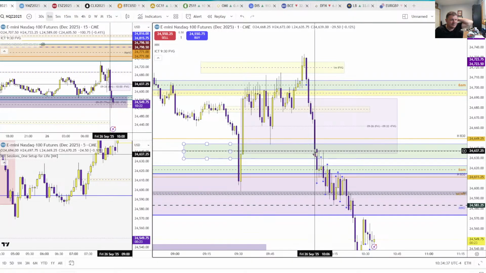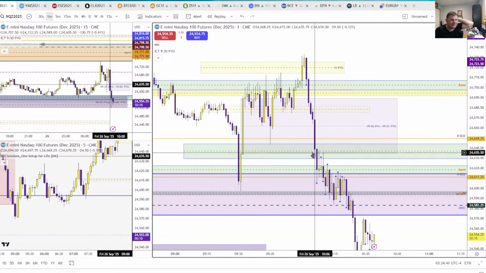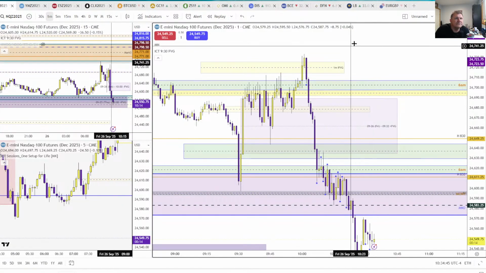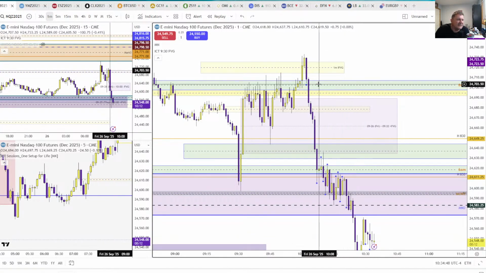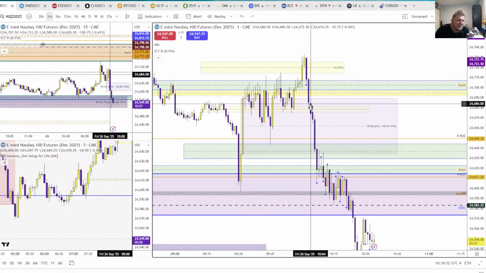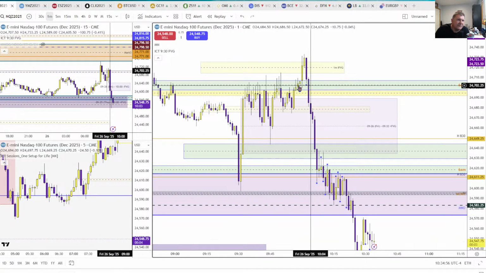Hit the box, wait for it to trade through the box, then go short from there. So there's your next entry. Does that make sense, Ollie? That's not a SIBI until that candle closes. And then where's your entry?